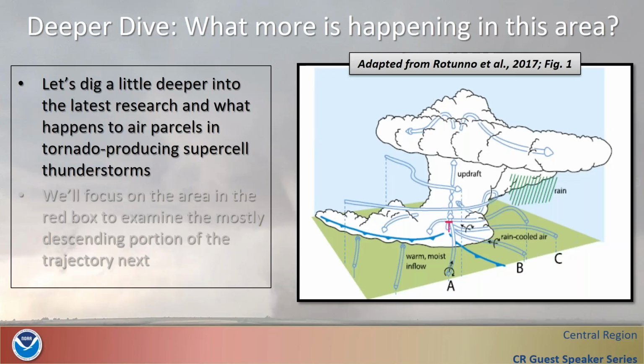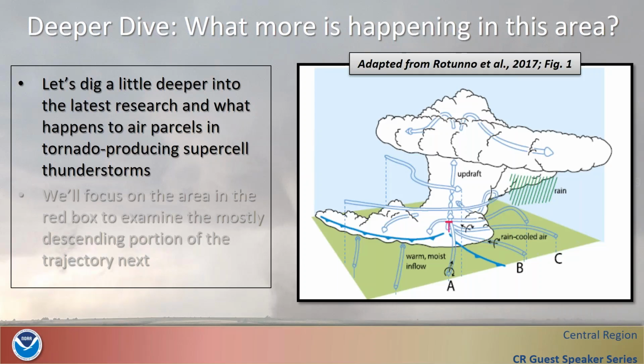So again, if we dig even further into this research, primarily we're looking at tornado-producing supercell storms, and I know there's the age-old argument about why we are only looking at these big EF5s or no-brainer type supercells.